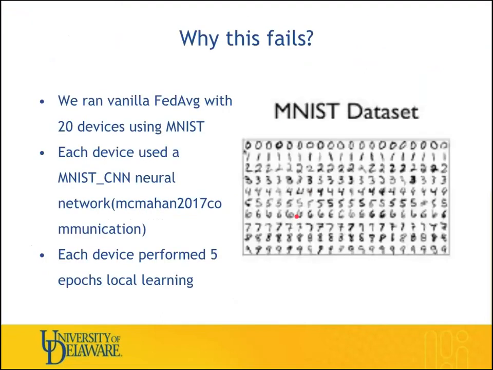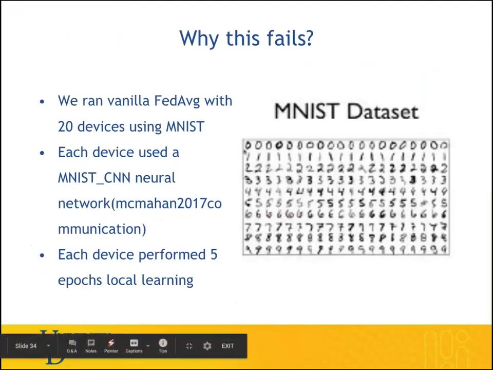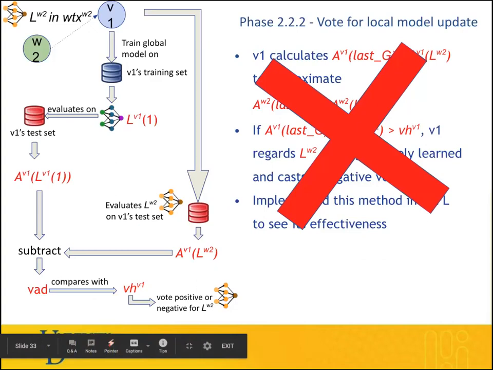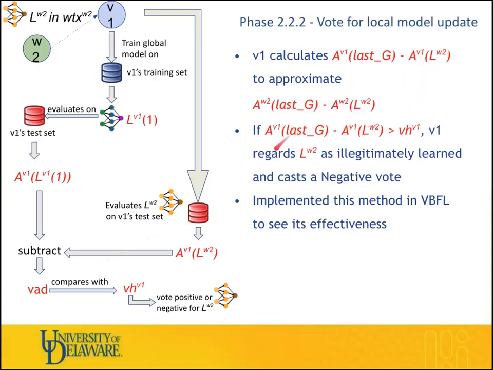Let's go back to this difference value, AV1 last G minus AV1 LW, from an arbitrary pair of V and W. Here we shouldn't have V1 or W2; we should have just V and W. From an arbitrary pair of V and W, this difference seemed to exhibit an increasing trend as the communication round progressed. So it was very hard to catch that with a fixed validator threshold value.